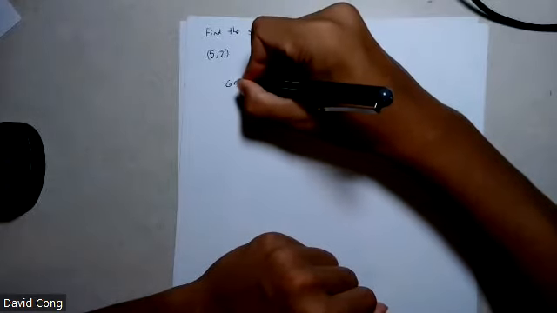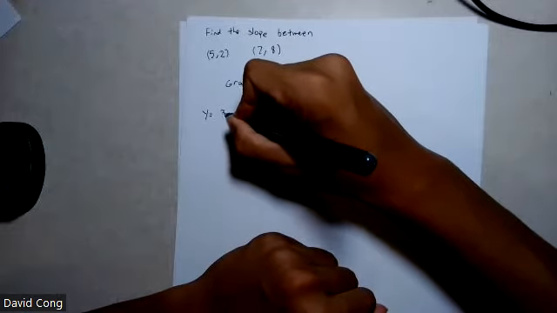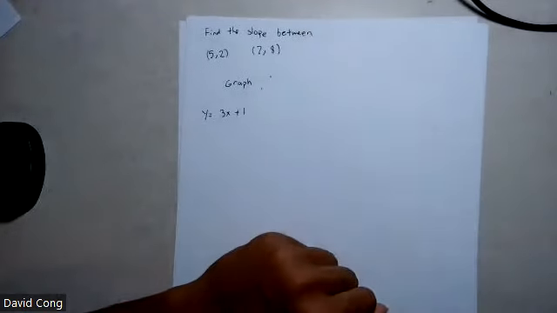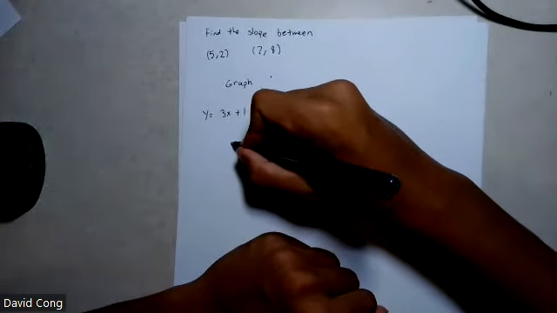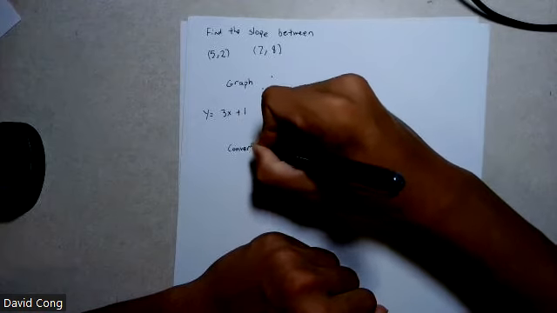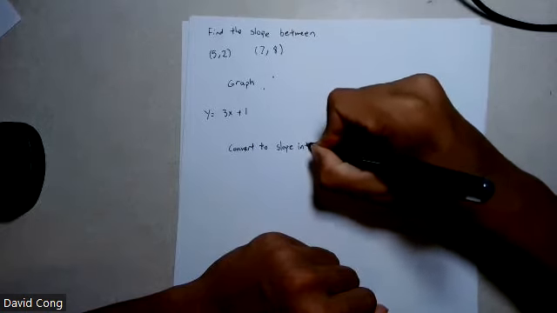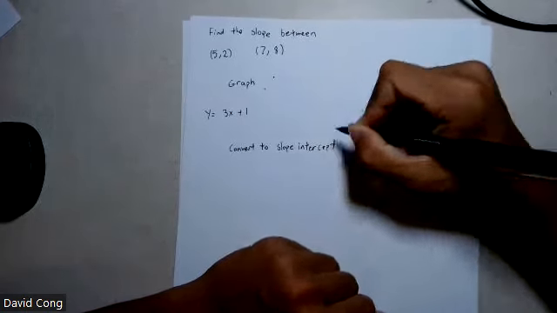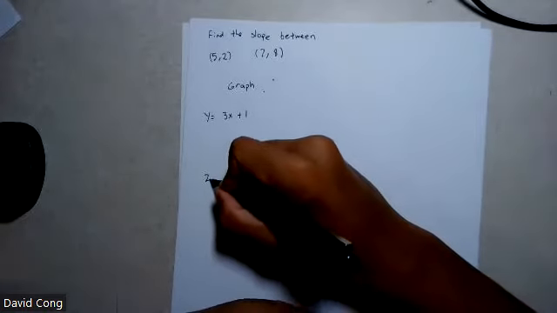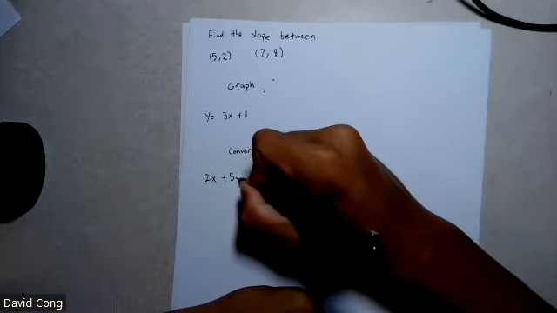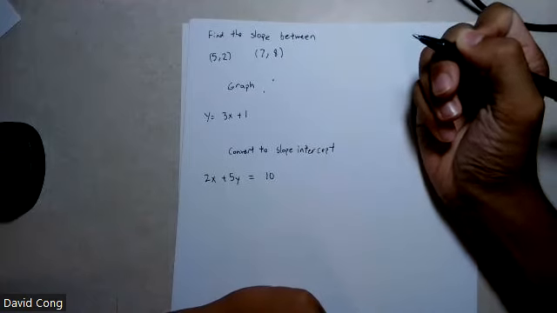And then you don't need to send me the graph, but I want you guys to try graphing. And the last one is convert. I want you to convert 2x plus 5y equals 10 to slope intercept.